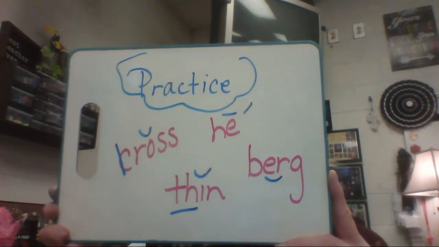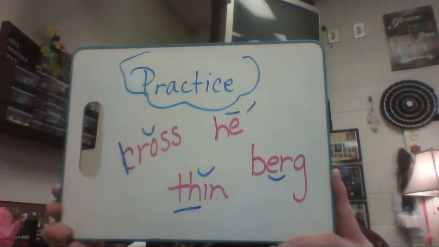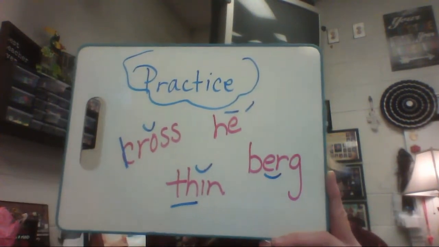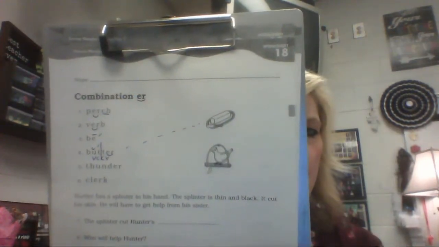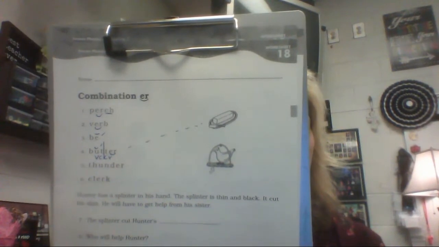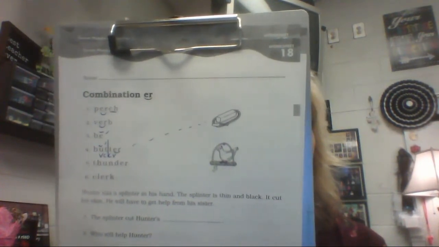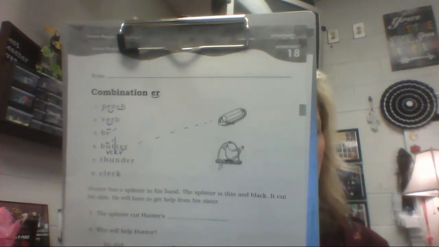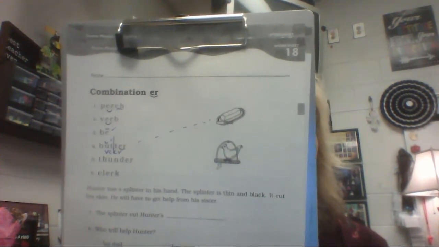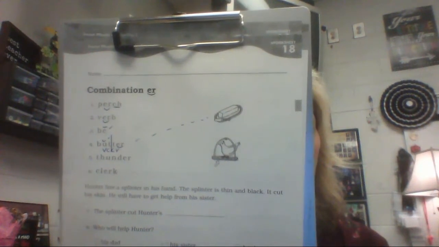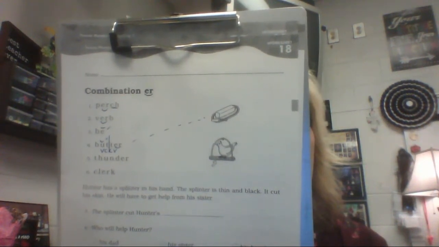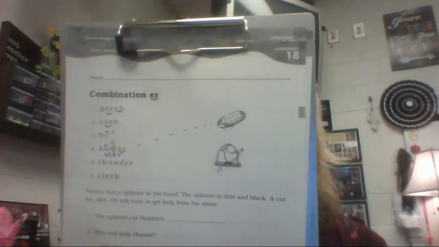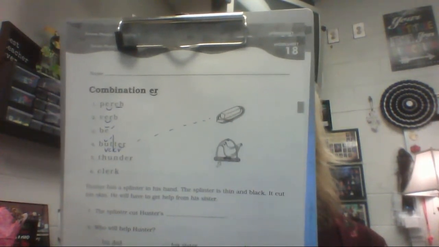Okay, guys, grab your worksheet, and we'll quickly talk about what you need to do for that today, okay? Okay, guys, if you have Lesson 18 worksheet in front of you, turn to the side that has the first word perch, and it has a picture of butter off to the side. I have already coded a couple of words for you, but we're going to talk about how to say all these words quickly, and then I'm going to talk to you about coding, and then you can go work on your own.